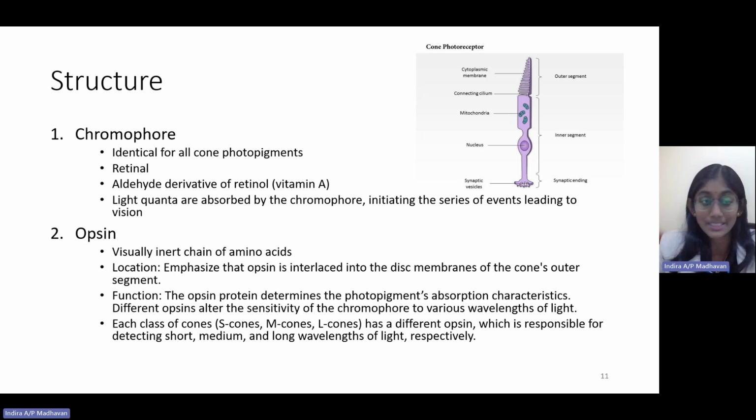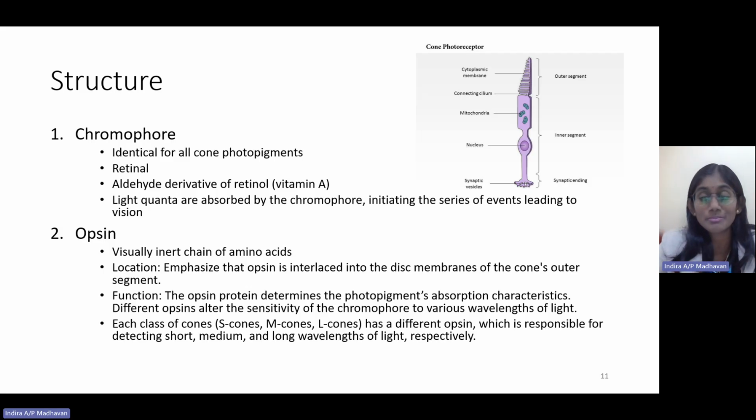So they are not the same. So that is the reason why opsin determines the photopigment's absorption characteristic. That means if it is a long wavelength light that enters the eye, it will not be absorbed by the green and blue cones.